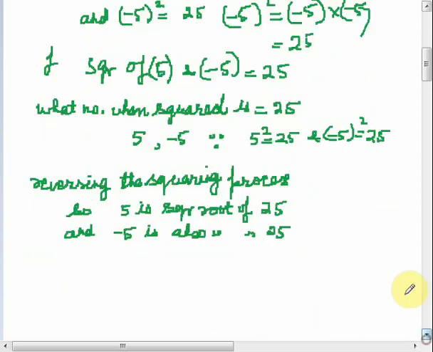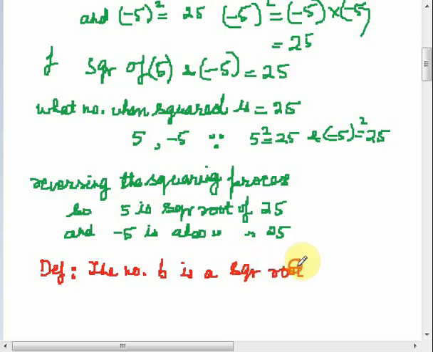In general, the definition: the number b is a square root of number a if b square is equal to a.